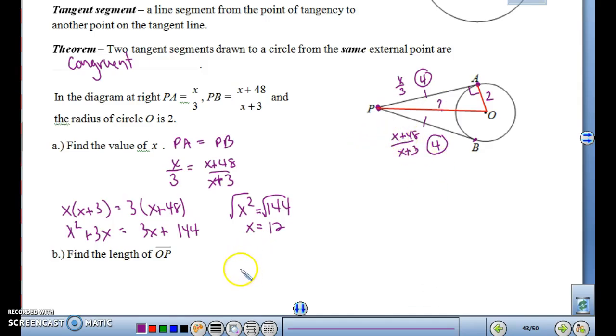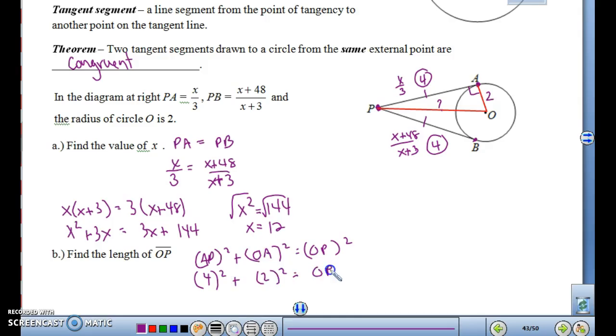Well, why don't we use the Pythagorean Theorem? That would be the hypotenuse of the triangle formed. So this would be AP squared plus OA squared is equal to OP squared. AP we just found was 4. OA is 2.